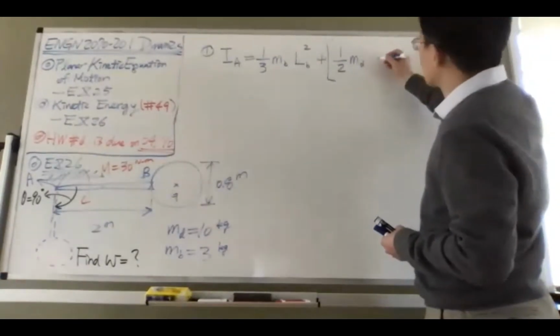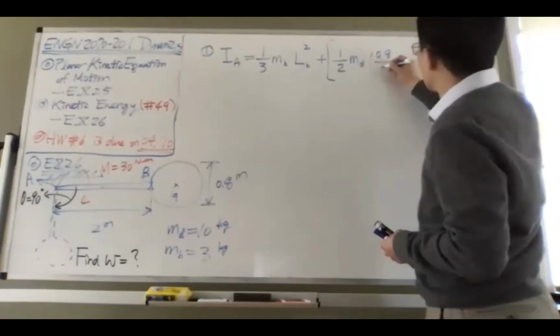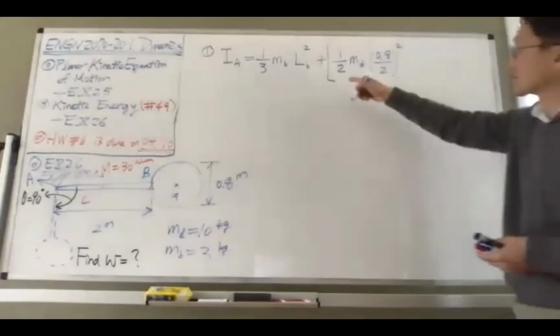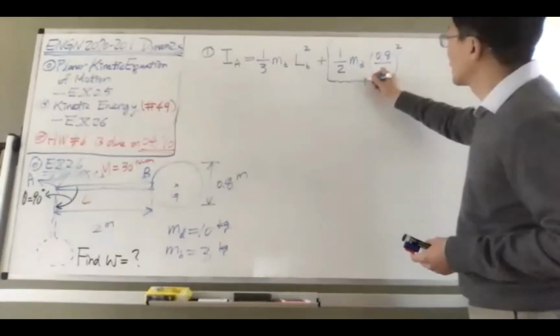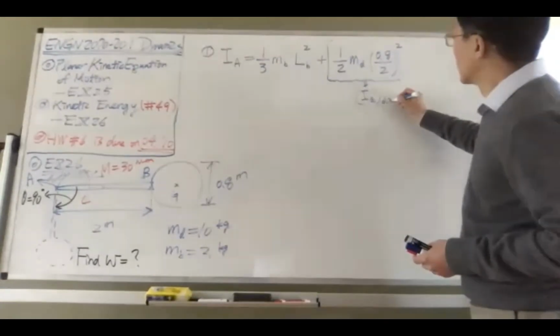And the radius of the disk is 0.8 divided by 2, squared. So this is the mass moment of inertia at the center of gravity for the disk.